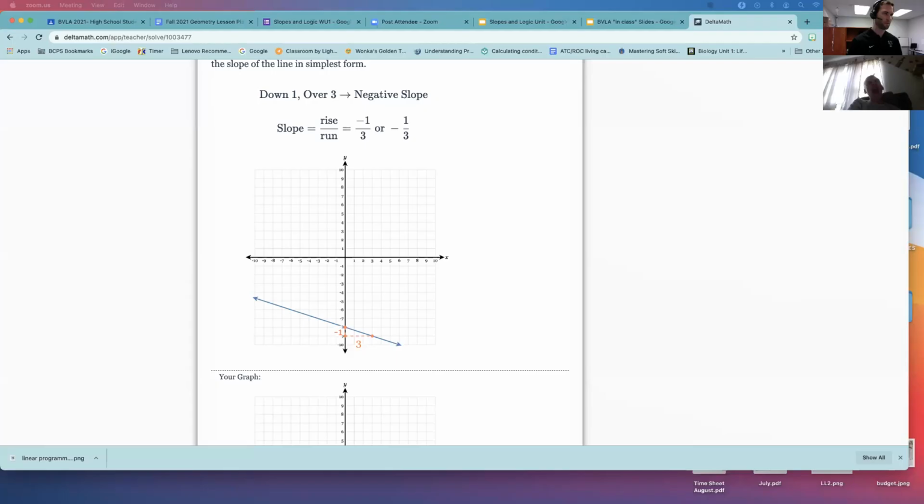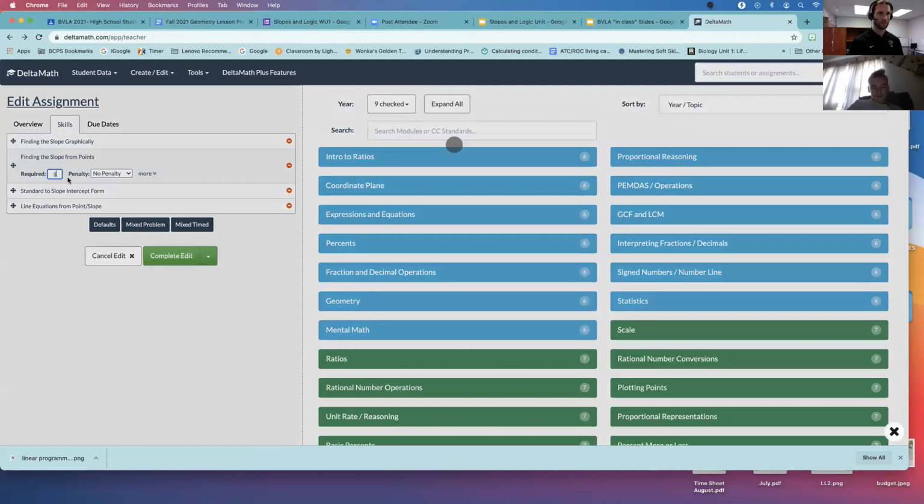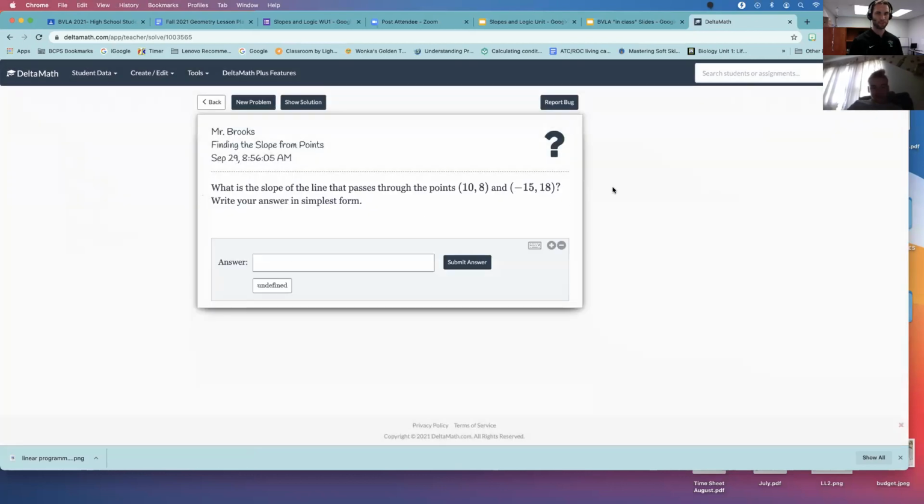So I started with the graphing so you remember what slope was, and then you go into the equations. Right, so the next thing to do is from points like this. This one is where you have to do a little bit of math.